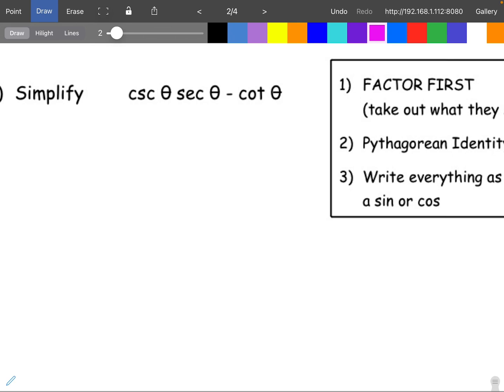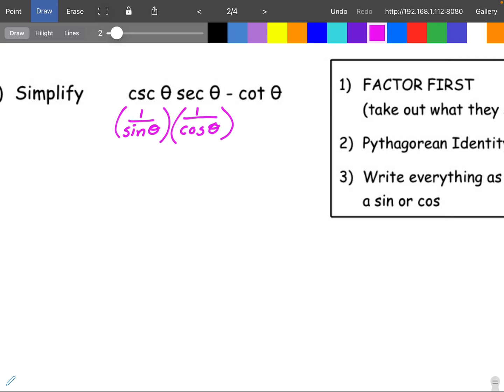Well, I know cosecant is 1 over sine. So cosecant theta is the same thing as 1 over sine theta. Then that is multiplied by secant theta. And I know secant theta is the same thing as 1 over cosine theta.